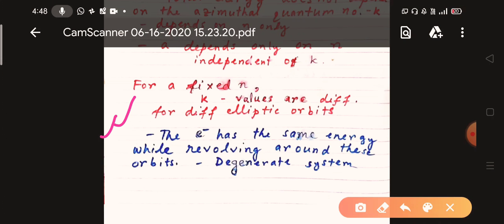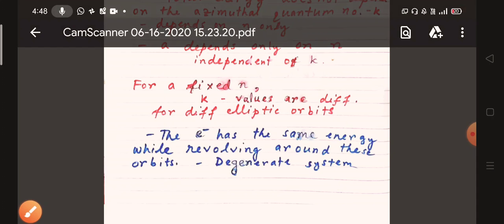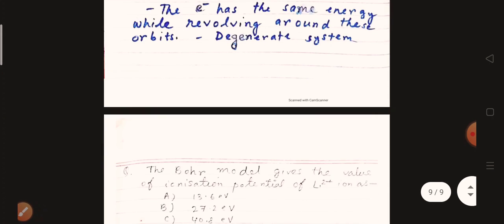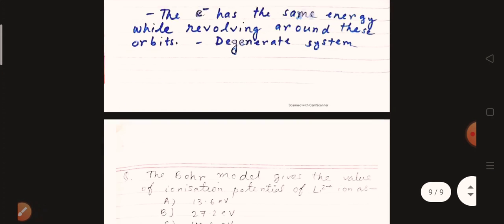In fact, in the BHU entrance exam, this question has already been asked: do electrons in the different elliptic orbits of different k values have the same energy or different energy? You have to know that for a fixed n, although the k values are different, that is, the elliptic orbits are different, the electron has the same energy while revolving around these orbits. And these systems are called degenerate systems.